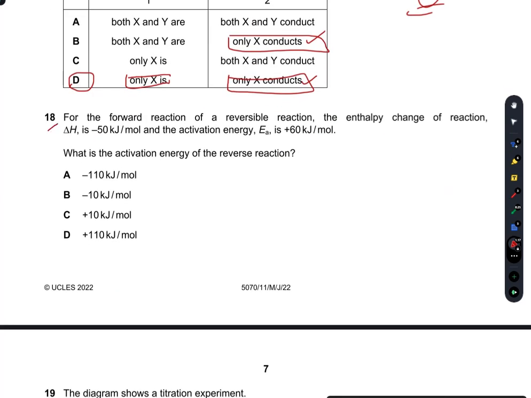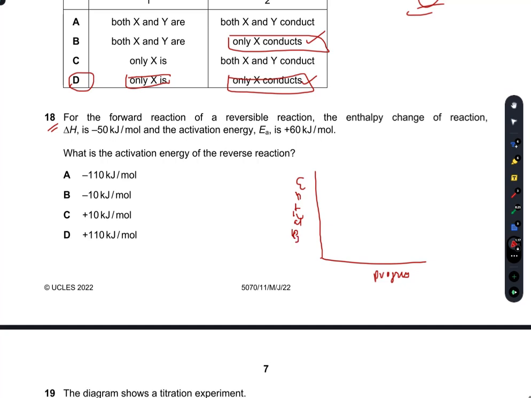So question number 18: for the forward reaction of a reversible reaction, the enthalpy change of reaction is minus 50 kilojoules per mole and the activation energy is 60 kilojoules per mole. What is the activation energy of the reverse reaction? First of all I will construct a graph to simplify things. Here is the progress of reaction, and this is the enthalpy.